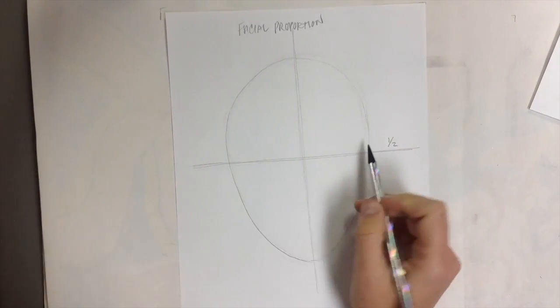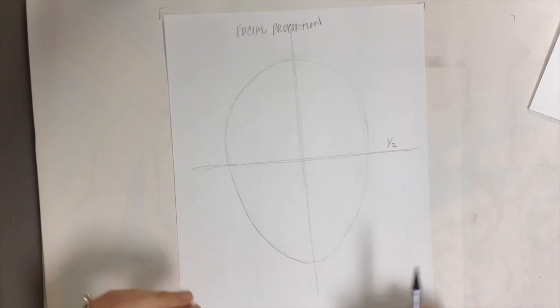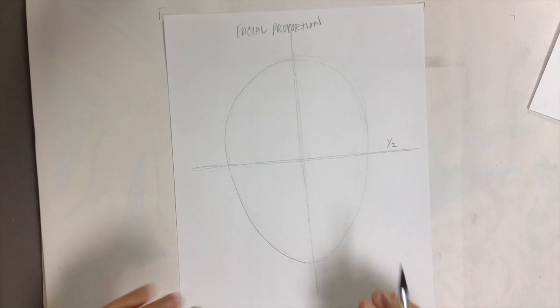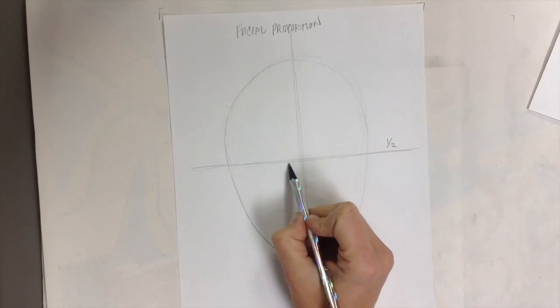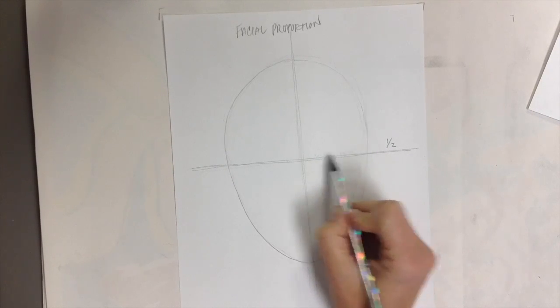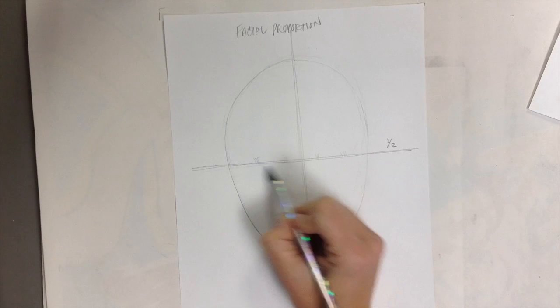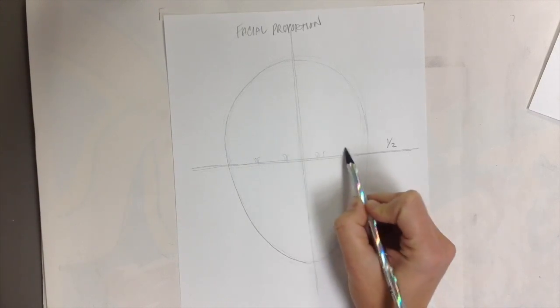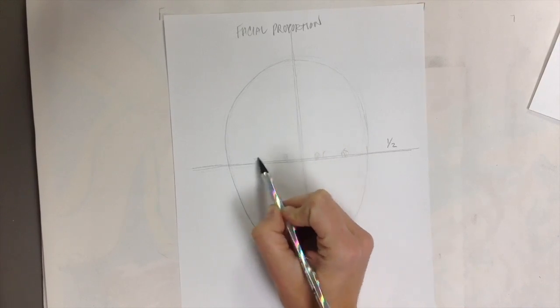The width of your eye will be determined if you can fit 5 eyes across the head. So what you want to do is just kind of start maybe eyeballing where your eyes go and just see if they're all going to fit. And that kind of looks pretty good. I'm just kind of getting a feel for it.